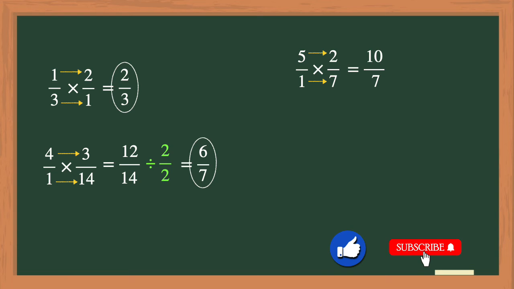To simplify this improper fraction, I will need to divide the numerator of 10 by the denominator of 7. So I know that 7 goes into 10 one time with 3 left over. The 1 will be my whole number, and the leftover of 3 will be placed in the numerator, and the denominator of 7 will not change. So my simplified product of 10 sevenths is a mixed number of 1 and 3 sevenths.